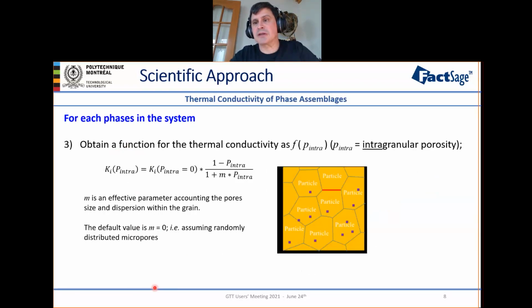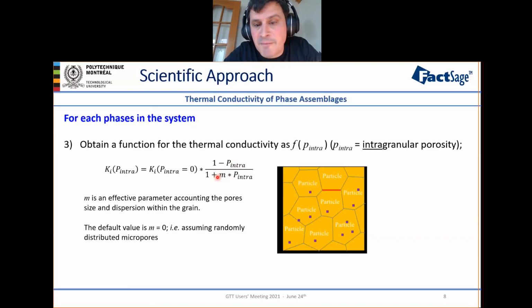Now, the third function related to the phase is the intragranular porosity, as highlighted here in this little picture. Here we basically have dilution of the thermal conductivity, linear dilution, as a function of the intragranular porosity. It can be made nonlinear if the value of the M parameter at the denominator is different than 0.